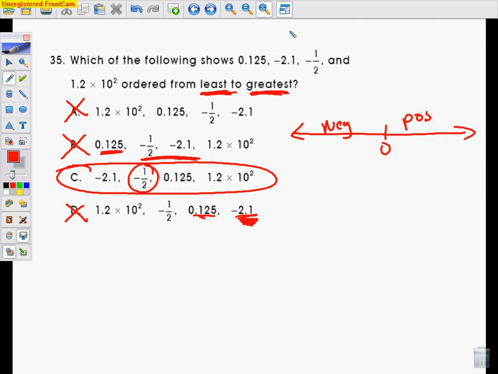And you could technically just plot all of these, and say, well, negative 2.1 is there. If 0 is here, negative 1/2 would be there. And then just keep on plotting. If here's 1, then 0.125 would be there. And 1.2 times 10 to the second, well, that'd be 120. That's going to be way out there. That's going to be the biggest one.